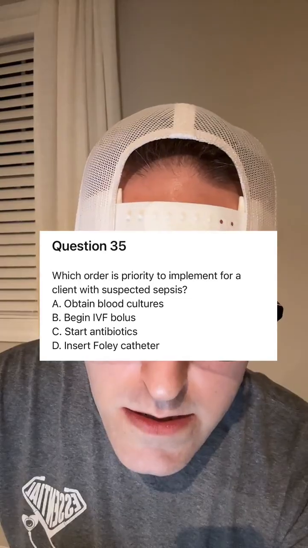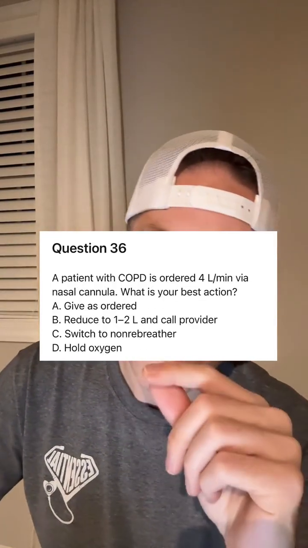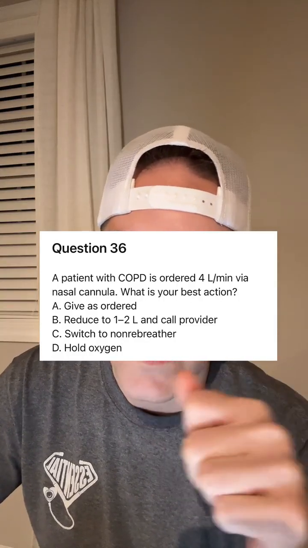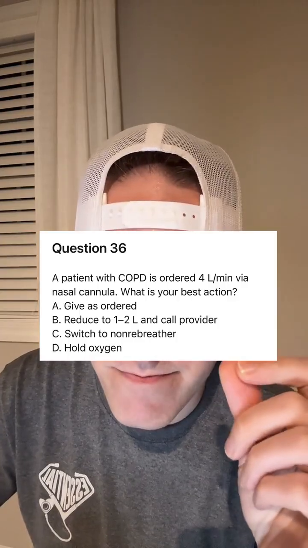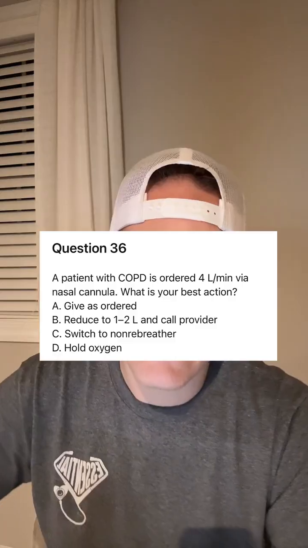Question 36. Let's go, guys. A patient with COPD is ordered 4 liters a minute via nasal cannula. What's your best action?